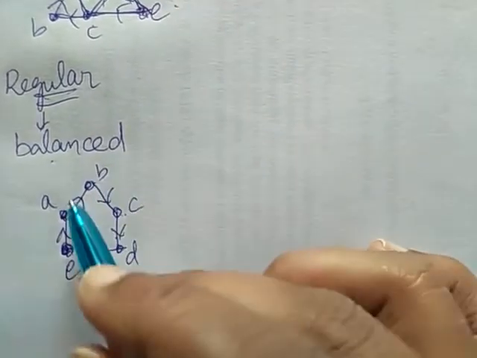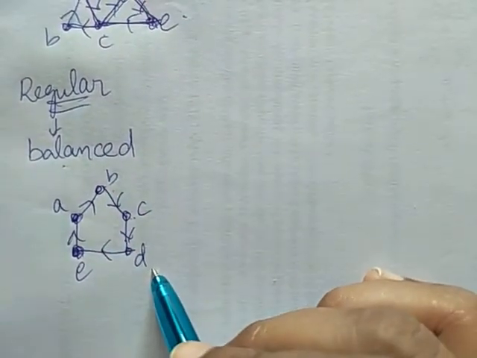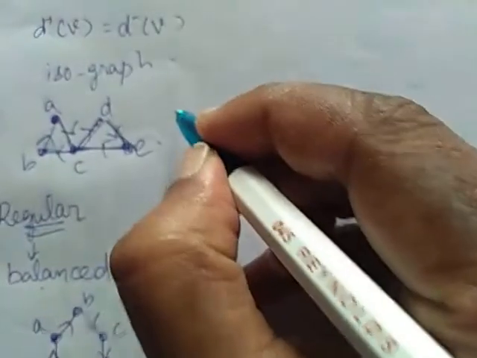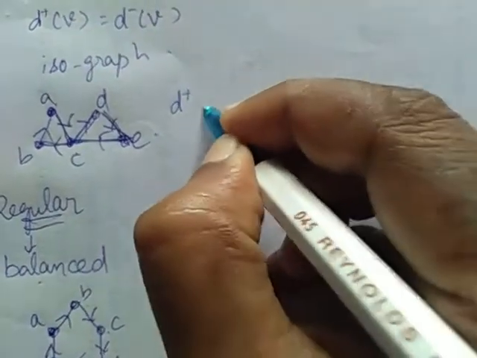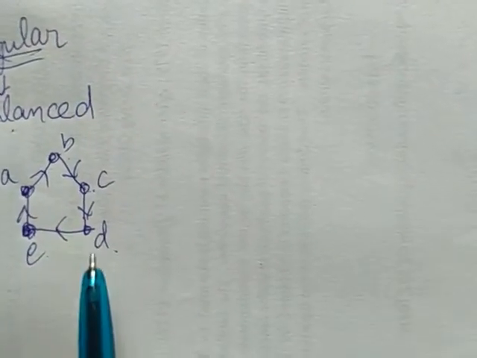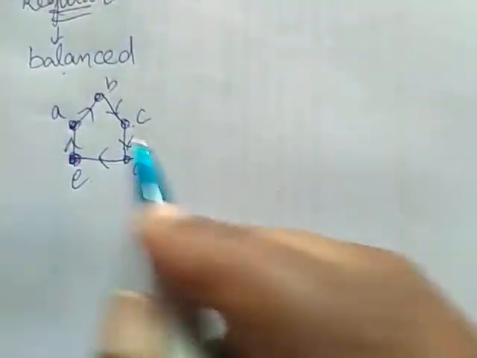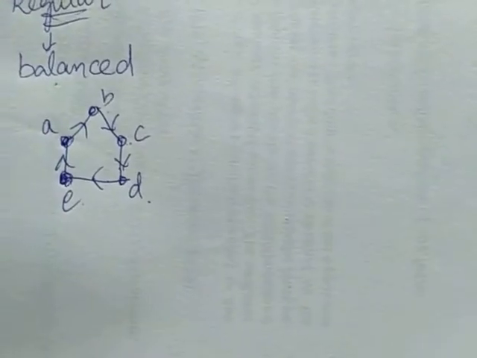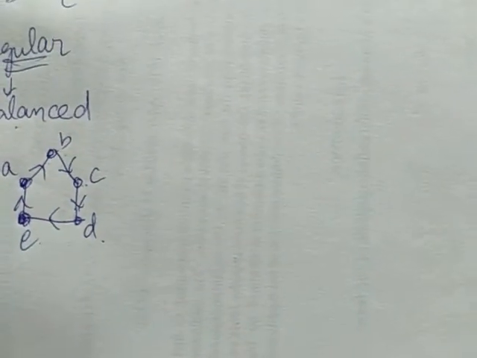For all the vertices, in degree is 1, out degree is 1. Here, in a balanced digraph, only in degree should be equal to out degree for each vertex. But here, in degree and out degree should be the same for all the vertices. That is the difference. There we can have in degree of C as 2, out degree as 2. But here we should not have different in degree and out degree. For all the vertices, in degree and out degree should be the same. That is our regular digraph.